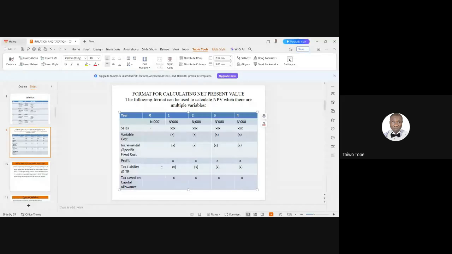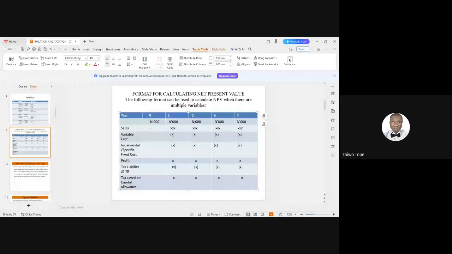So once you come up with this format, where are you driving at? You want to determine your net cash flow. You can come up with a next column where you can have your scrap value. You know your scrap value as at the end of the period.